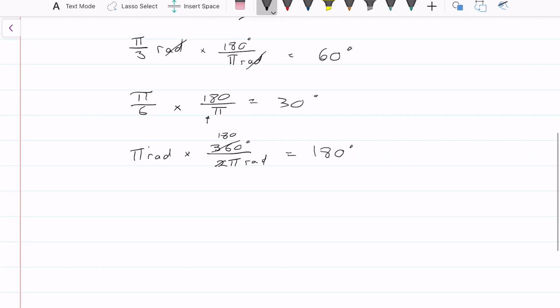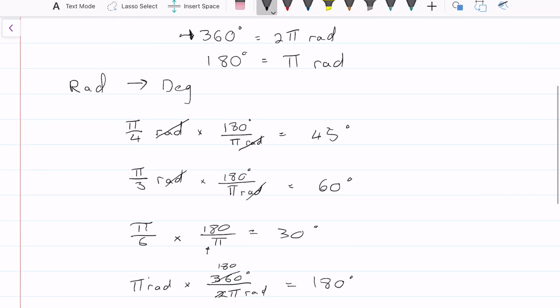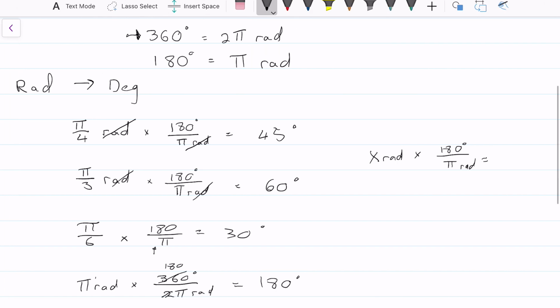Okay, the last one I'm going to do is pi over 2 radians, and we want to convert it to degrees, so we multiply it by 180 over pi, which gives us 90 degrees. Okay, so not too difficult. Essentially, if we have x radians, multiply that by 180 degrees over pi radians to give us y degrees.